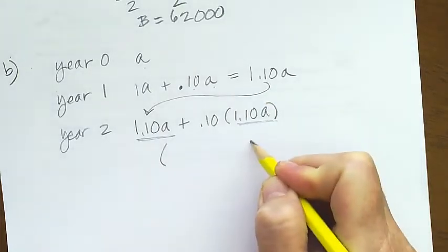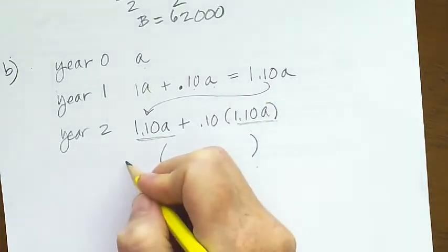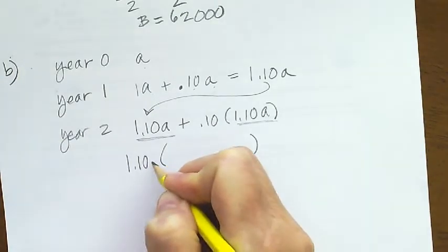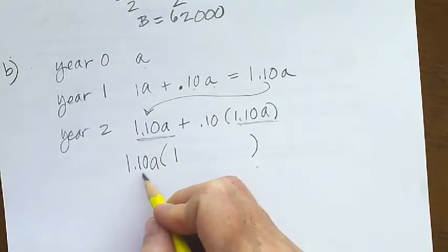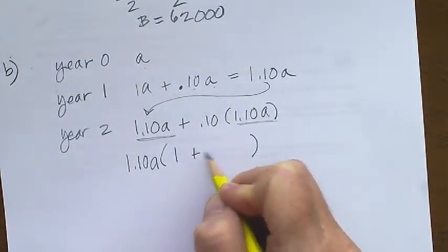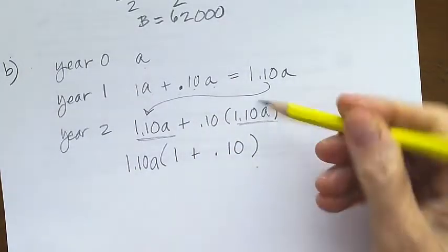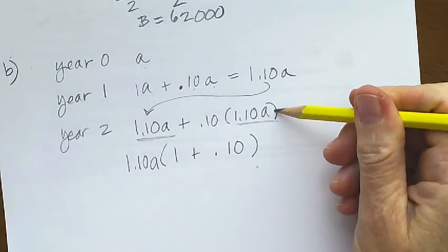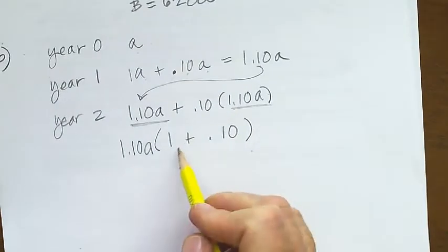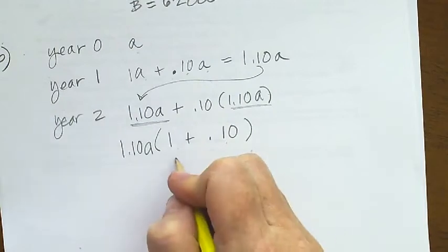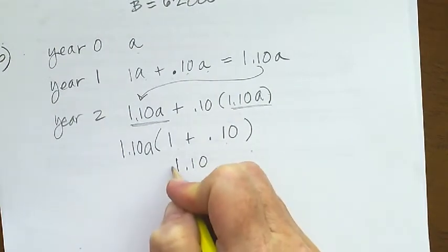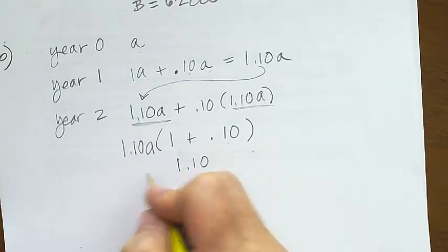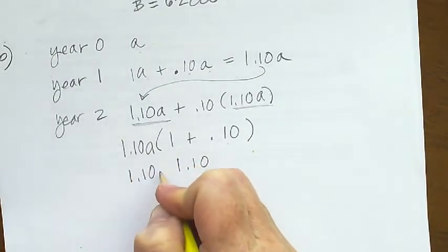I'm going to remove that from both of those terms and write this differently. So 1.10A times 1 plus 0.10 is the same as this. It's just written differently. Well, 1 plus 0.10 is 1.10. So I get 1.10 times 1.10A.